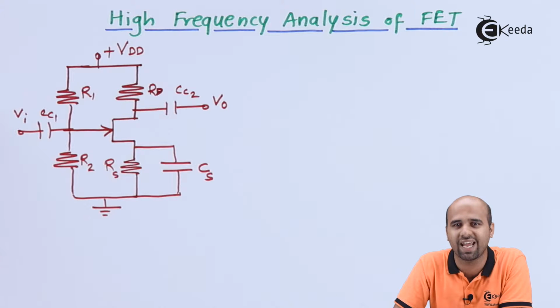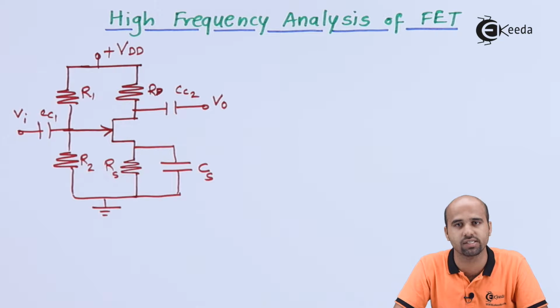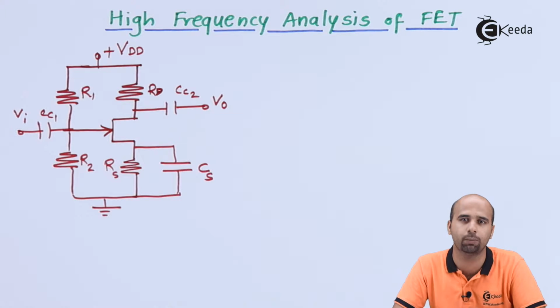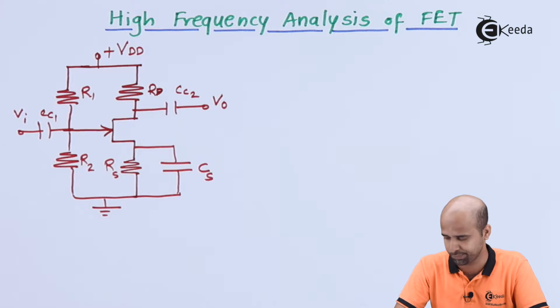So this is N-channel JFET, and we have to investigate the high frequency analysis. That means you have to decide up to which particular high cutoff frequency we have to work the FET as an amplifier as far as this circuit is concerned.